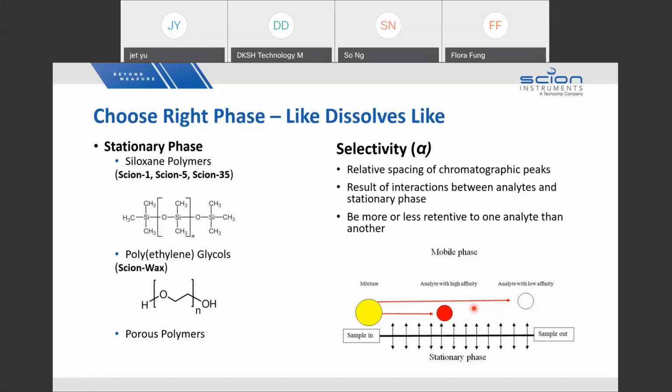Let's say this is a very polar stationary phase and you come with very polar analytes. Naturally, it has strong retention, so it will come out in the last minute, but that doesn't mean it will stay in the column forever. The carrier gas supplies the continuous force to push the analytes throughout the column.